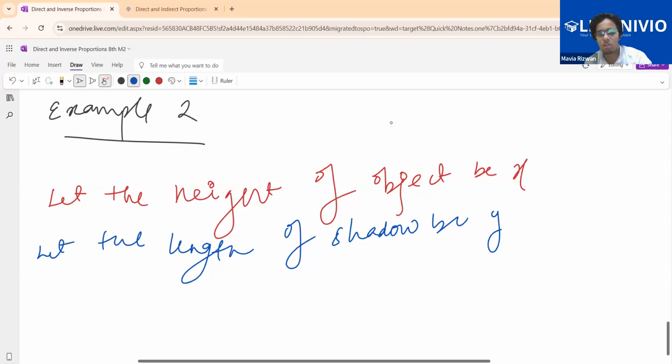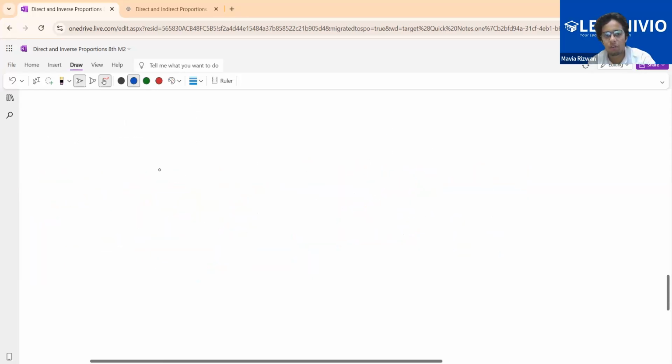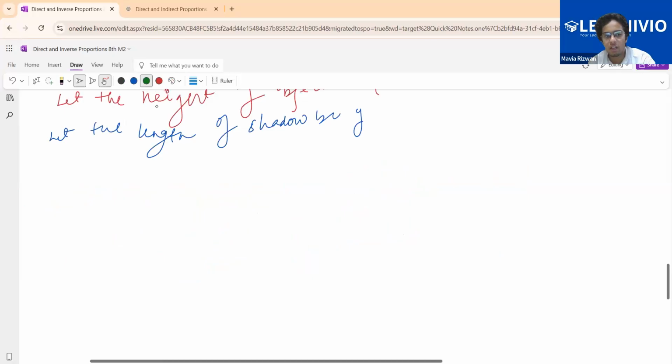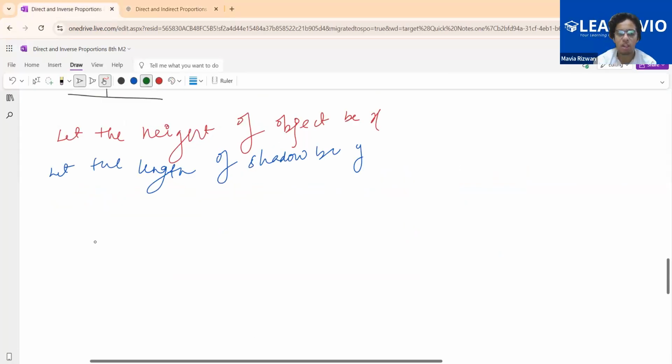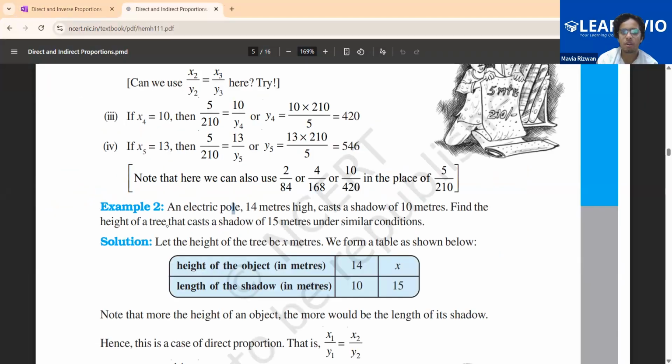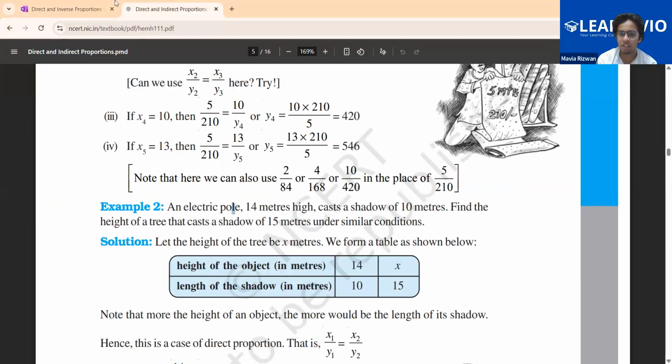See, guys, the first type of quantity is x. The first object is the electric pole, and I'm going to take that as x1. So x1 is 14 meters, which is given. x1 is the height of the pole, so y1 would be the shadow of the pole, that is 10 meters, given in the question.